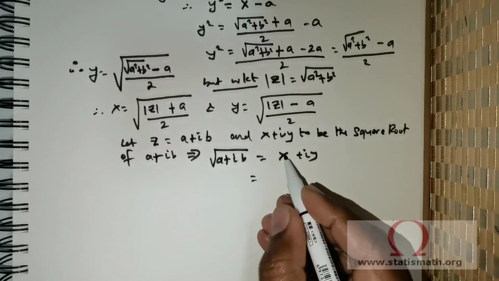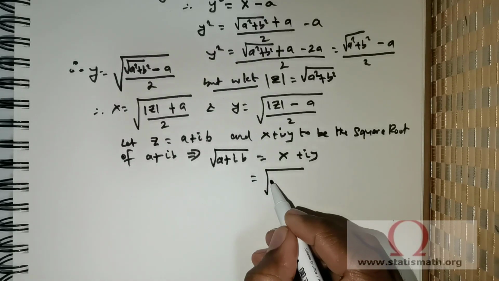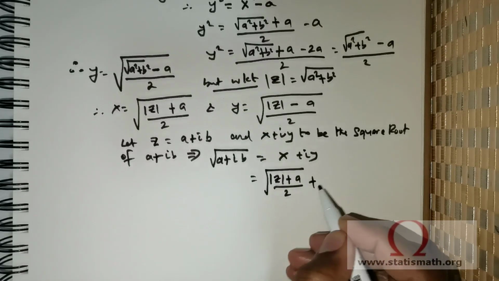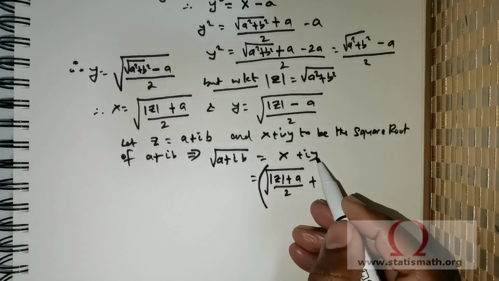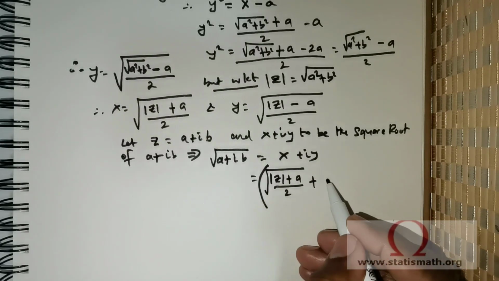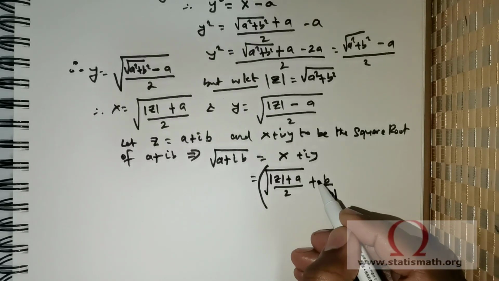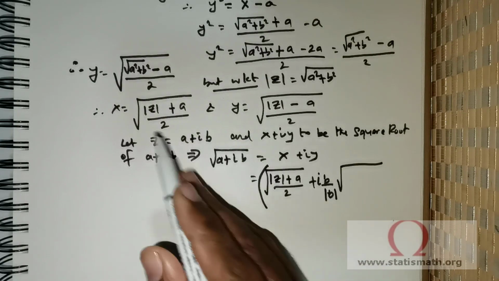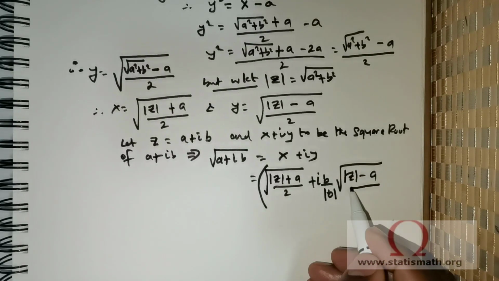Now for x we can simply substitute the value that we have got. It's going to be root of modulus of z plus a divided by 2 plus. But when we are substituting the value for y, we will have to place b divided by modulus of b. Of course there is an i there, and that has to be multiplied with the value of y, root of modulus of z minus a divided by 2.